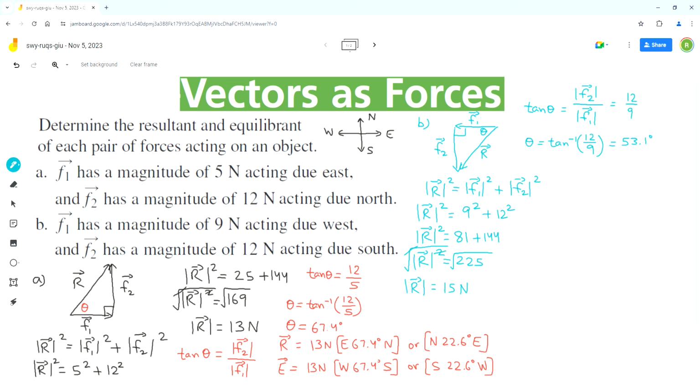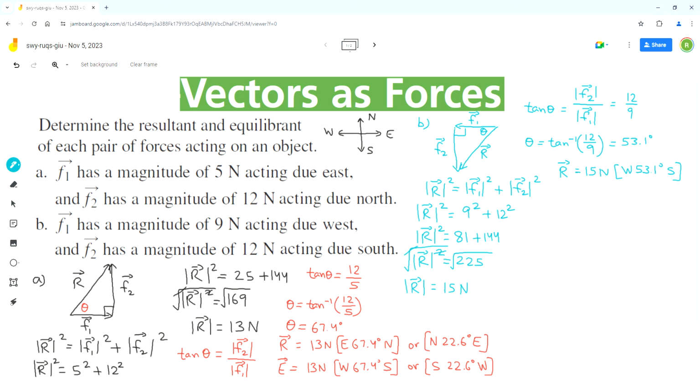So the resultant vector can be written as, so the magnitude is 15 newtons and the direction will be, so from west 53.1 degrees south.